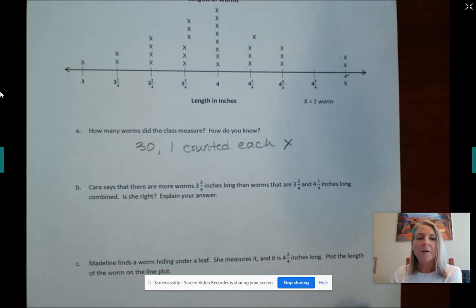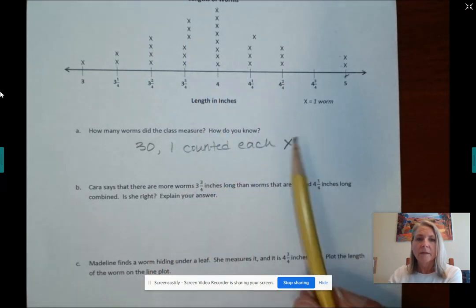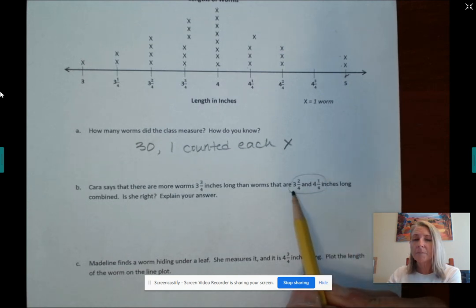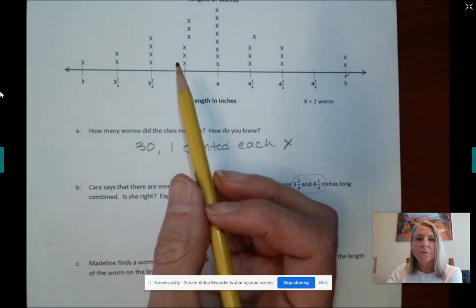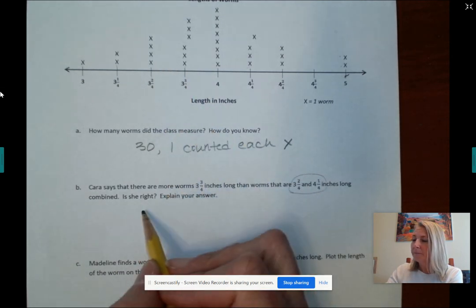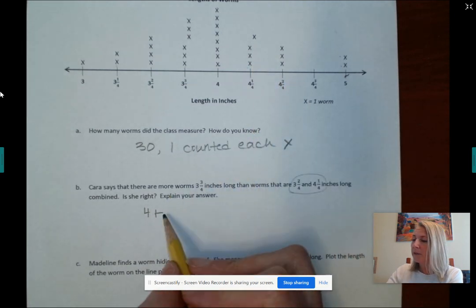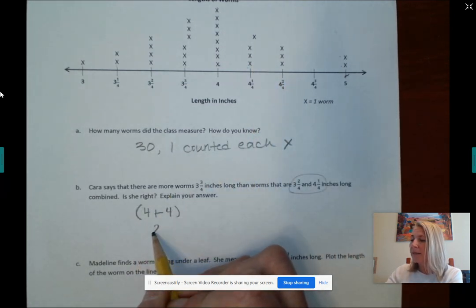Kara says that there are more worms 3 3/4 inches long, so that's here, than worms that are 3 2/4 and 4 1/4 inches long combined. Is she right? Let's see how many there are in this combo deal here. For this one, we have 4 plus 4 1/4. There are 4 over here. So combined, they have 8.